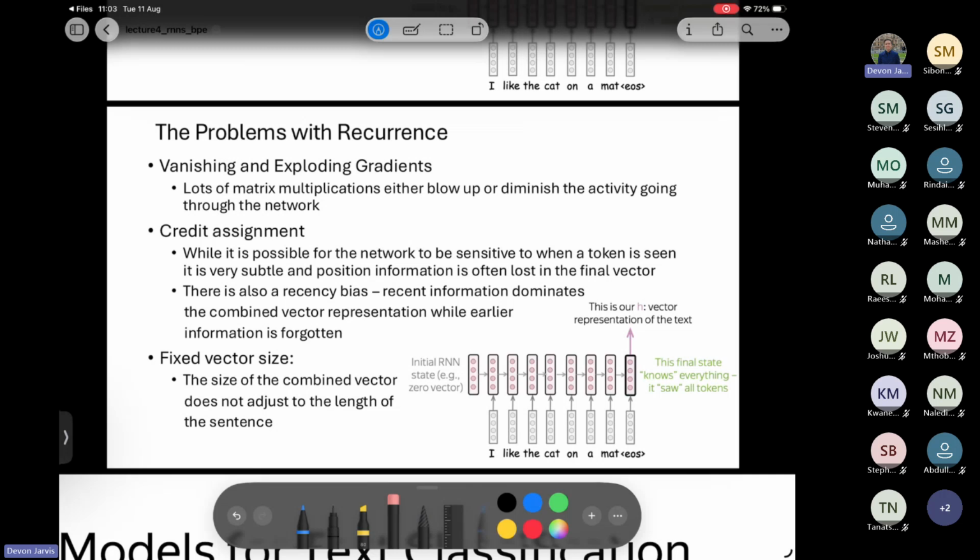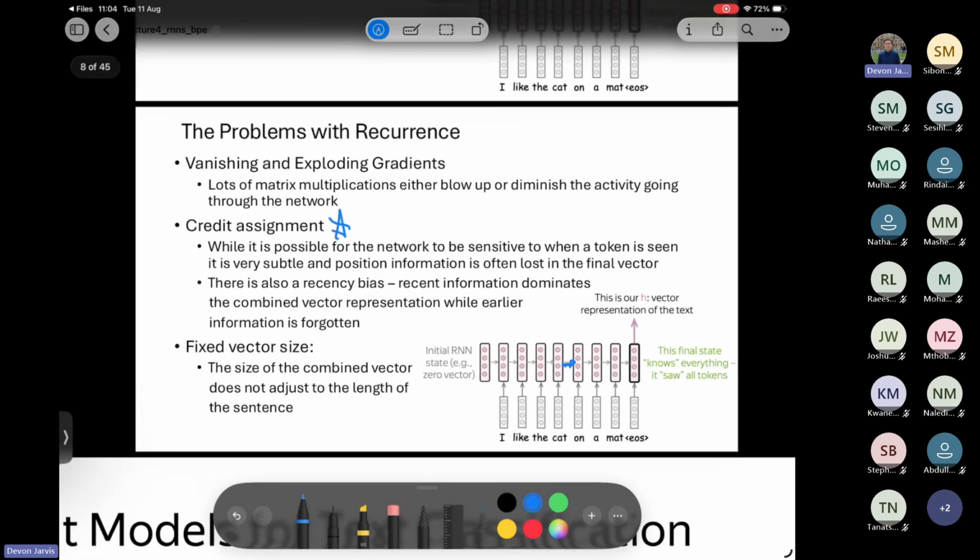Okay, and so you have this fixed size vector problem where we're always trying to squeeze more and more information into the vector without ever having any mechanism to just hold on to the important bits aside from this weight matrix. But that is a really difficult learning problem for that weight matrix because of credit assignment. So these two things together mean that it's really, really, really difficult to represent long sentences. Okay, I have to squeeze it into a fixed size vector where it's very difficult to know what I must hang on to.